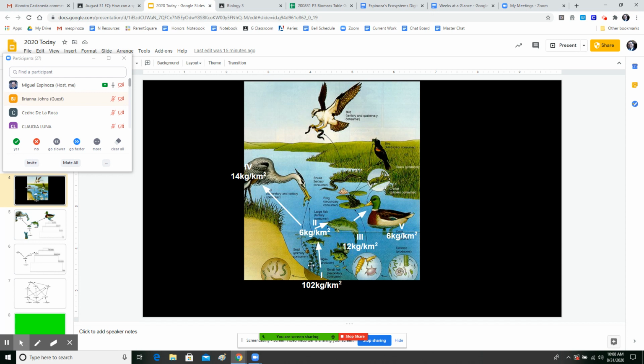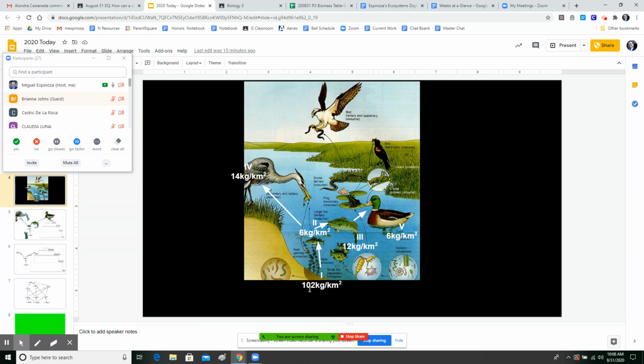So I stands for the plant. II stands for the little fish that eats the plant. III is the big fish that eats the little fish. IV, right, is the crane that's eating the little fish. And V is the duck that eats the big fish, right? Roman numeral 1, 2, 3, 4, 5.